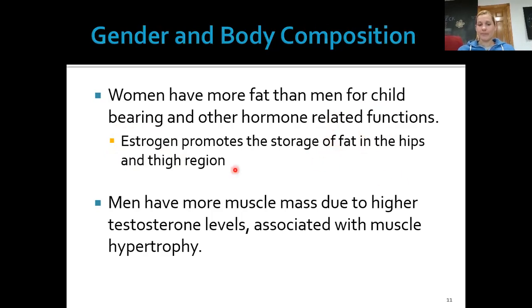The male reproductive hormone is testosterone, and the more testosterone males have, the greater their likelihood of having more muscle mass. It's easier to see muscle hypertrophy, or muscle growth, if I have a large amount of testosterone. Those are the differences when we look at hormones as they relate to body composition in males and females.